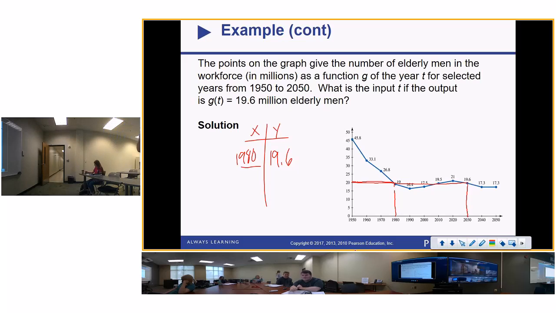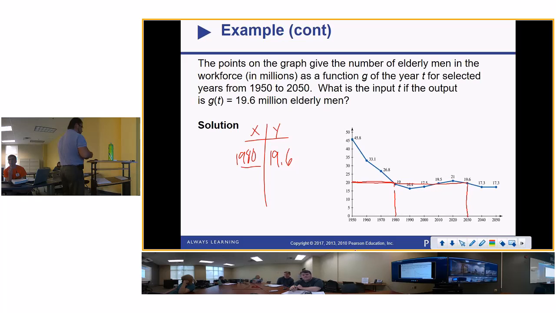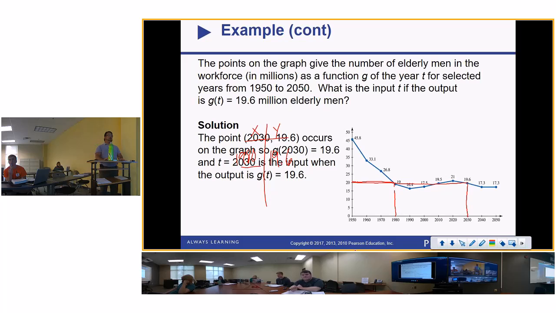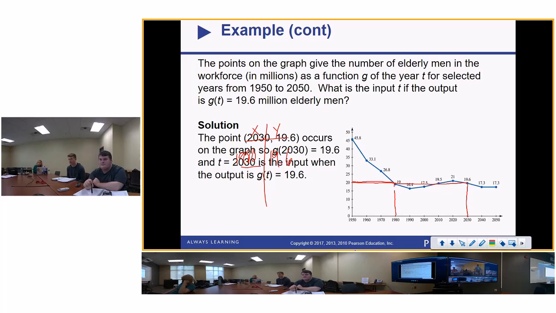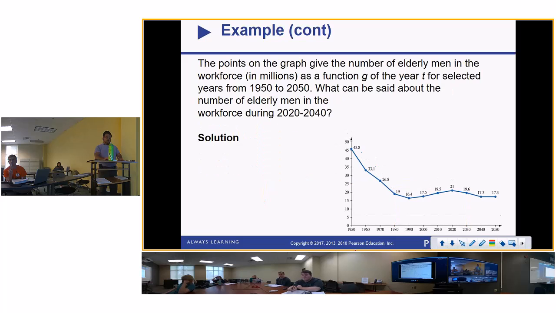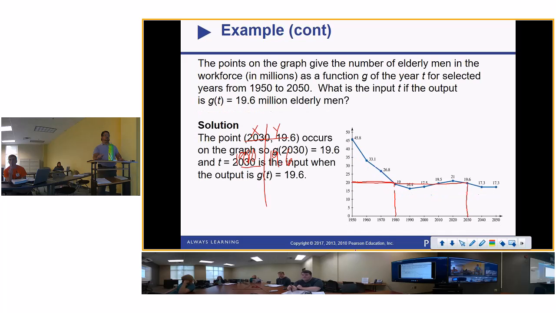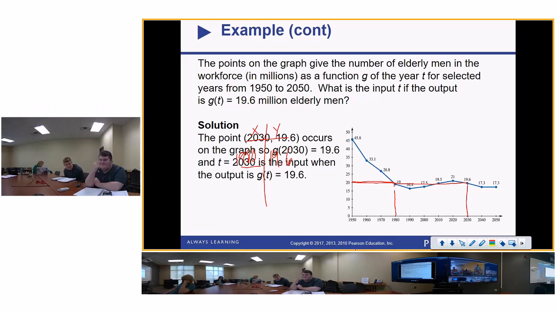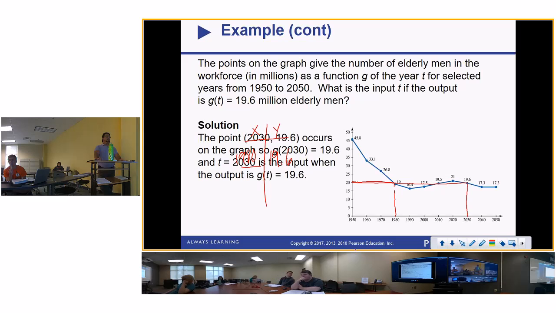1980 and 2030. 1980 was when Ronald Reagan was president. Let's see what they say. Well, they said 2030, but what about 1980? I guess 1980 just don't count.